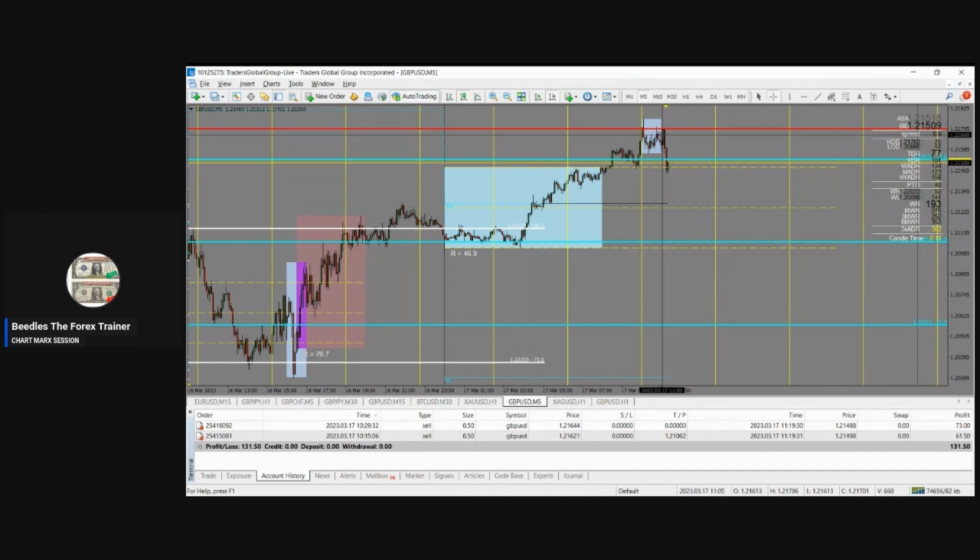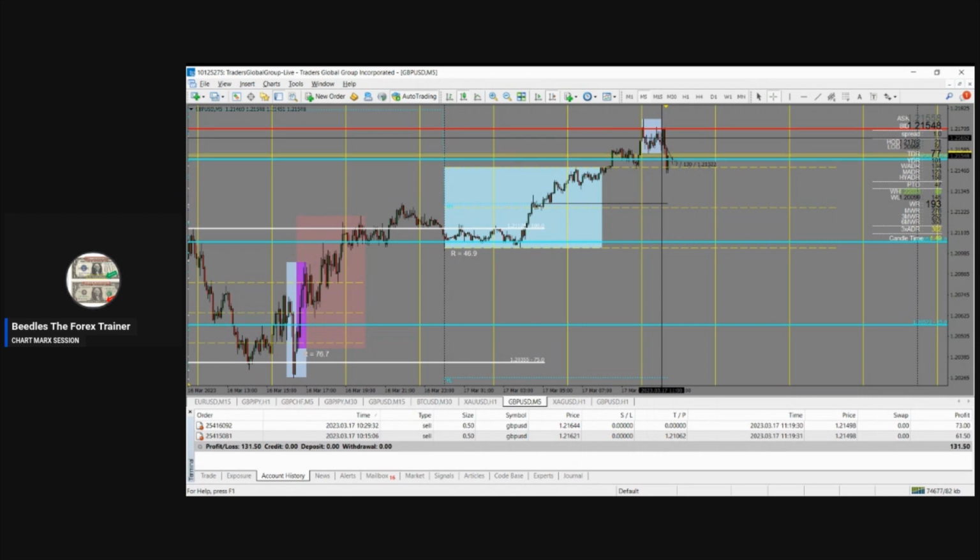And so had I held that trade, instead of taking $131, I would have started seeing my money evaporate off of this candle right here. That money would have evaporated, and now maybe my money is at like $75. Now it's popping up a little bit more. Now I'm probably at $40.